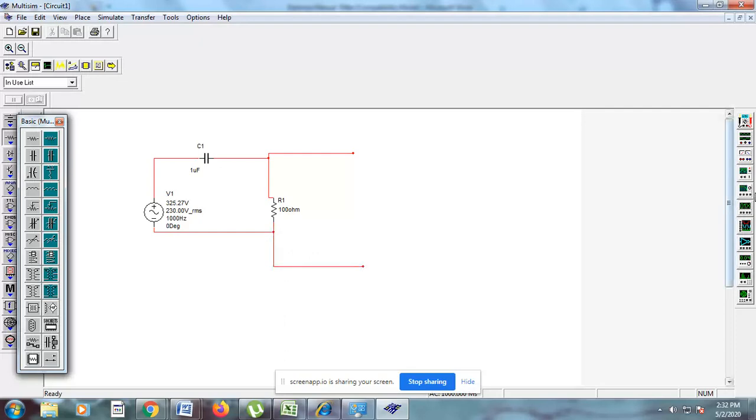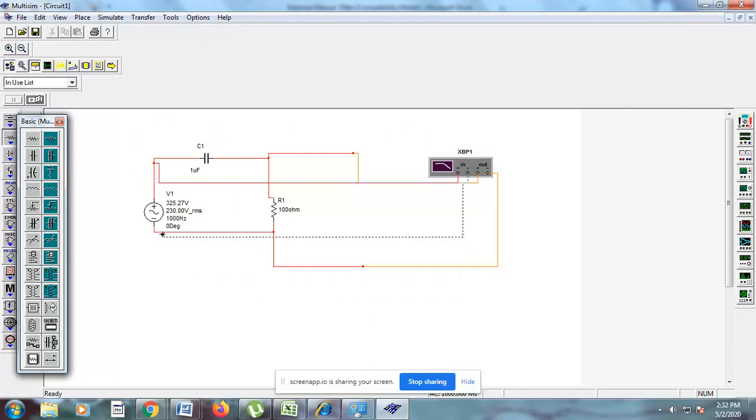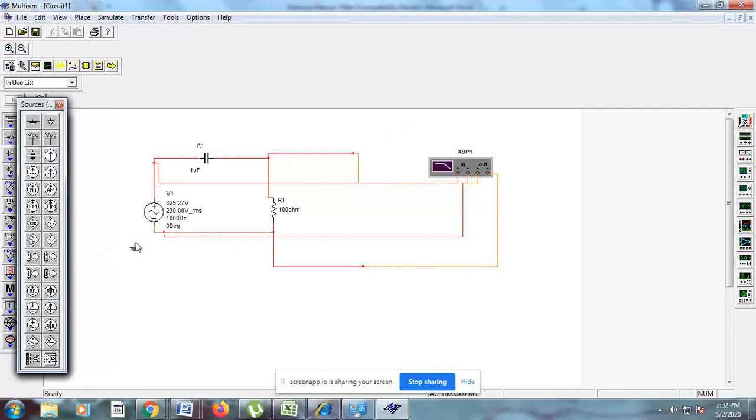Okay. Now we select a Bode plotter. Here the output terminal is connected, and the input terminal is connected here, and we select a ground and connect it with the circuit.